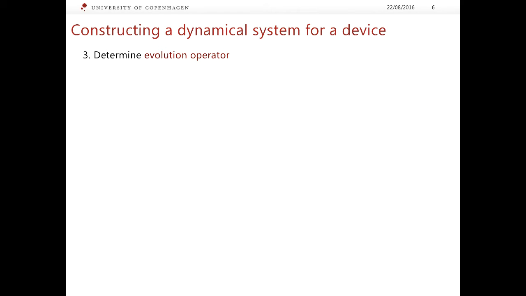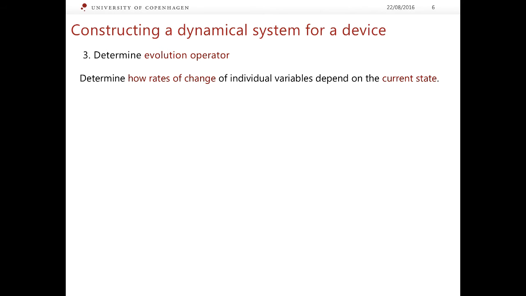At the third step, we should determine the evolution operator. To do this, we in fact need to specify some rules according to which the individual variables change the velocity of their change if the state changes. So basically we need to specify the rates of change of the state variables as functions of the current state.